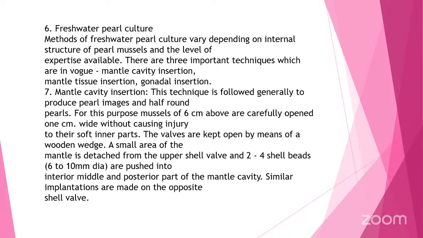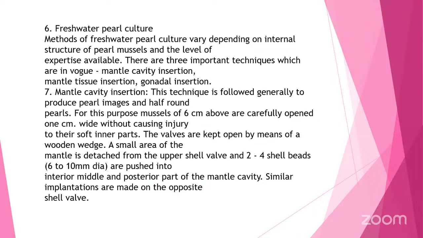Freshwater pearl culture. Methods of freshwater pearl culture vary depending on internal structure of pearl mussels and the level of expertise available. There are three important techniques which are in vogue: mantle cavity insertion, mantle tissue insertion, gonadal insertion. Mantle cavity insertion.